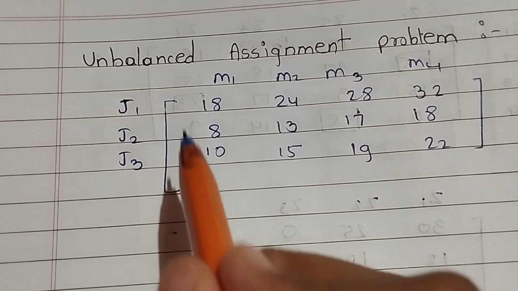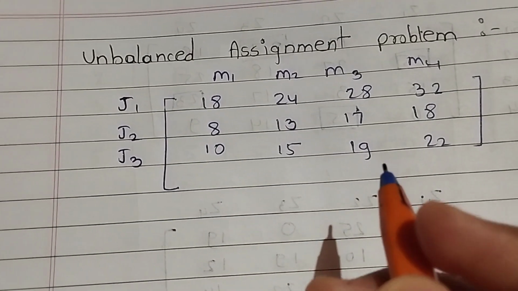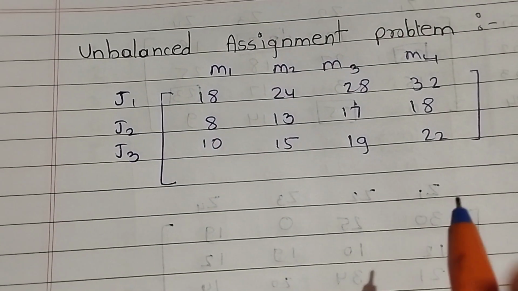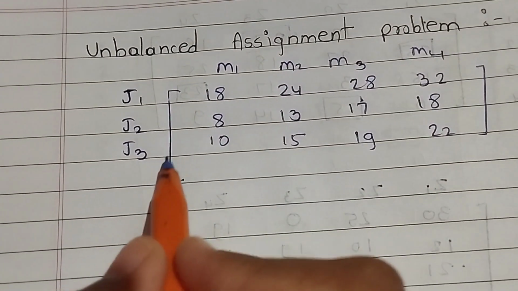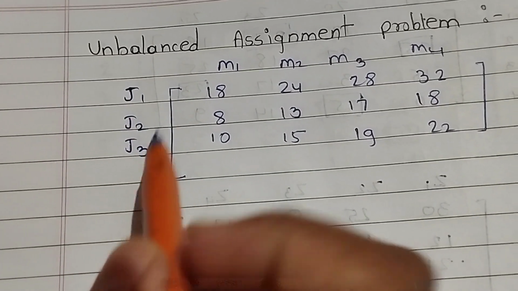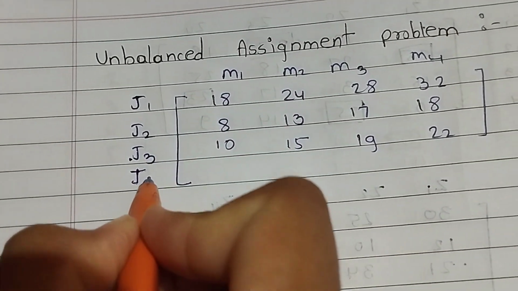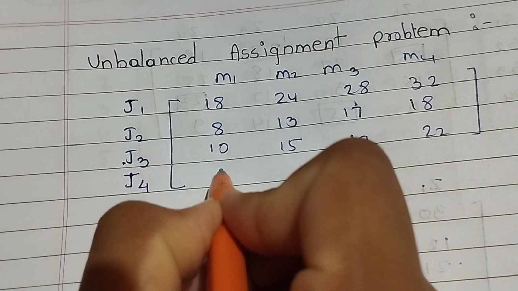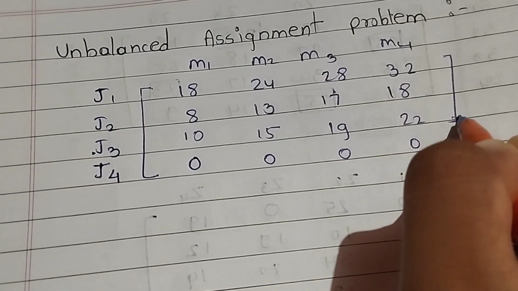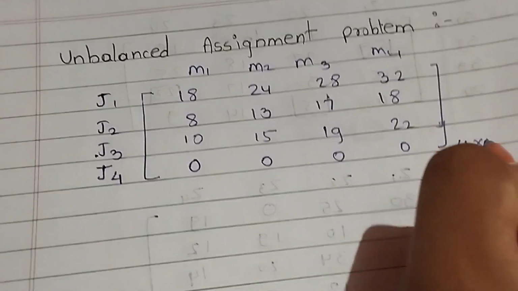When the number of rows is less than the number of columns, add a dummy row, and if the number of columns is smaller than the number of rows, add a dummy column. In this example we have 3 rows and 4 columns, so we add one dummy row, J4, and its values are 0, 0, 0, 0. Now the matrix is balanced, which is 4 by 4.